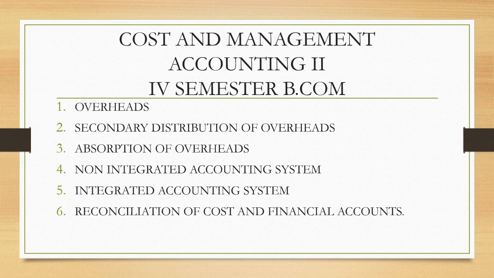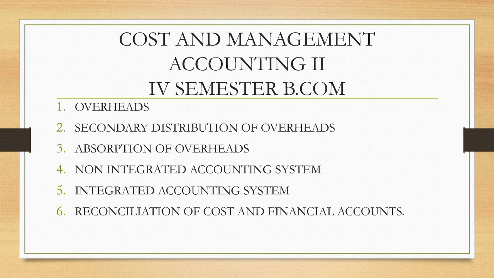The second chapter relates to secondary distribution of overheads, and the third chapter relates to the absorption of overheads to various cost centers or cost units based on various methods. The fourth chapter, Non-Integrated Accounting System, fifth chapter, Integrated Accounting System, and the sixth chapter, Reconciliation of Cost and Financial Accounts, relate to accounting for cost.